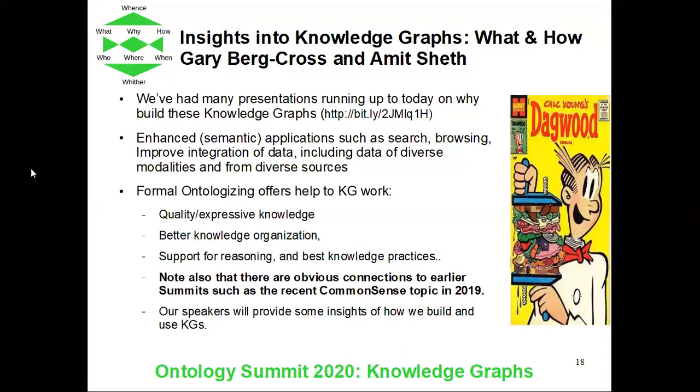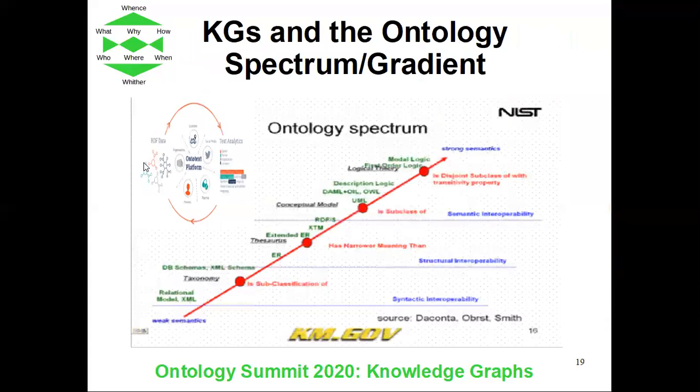Next slide, please. The next slide that you see now, I thought I would throw into the hopper here, because at the very beginning of the ontology summits over 10 years ago, the idea of the ontology or semantic gradient and spectrum was an interesting organizational idea.